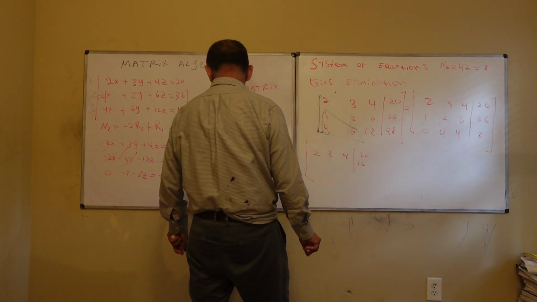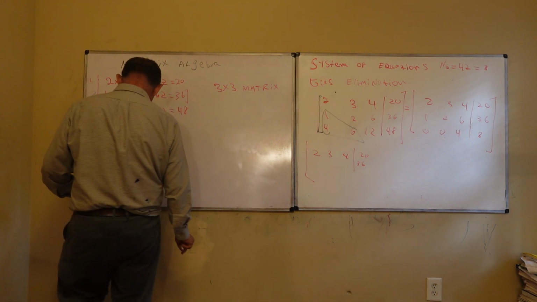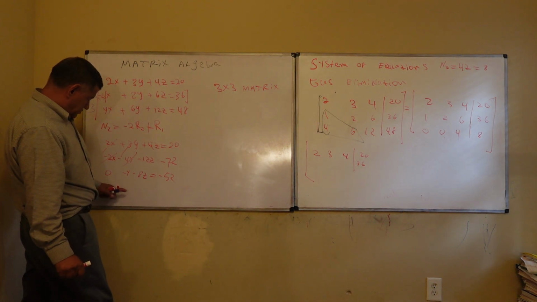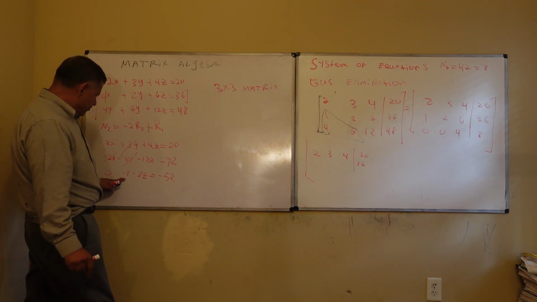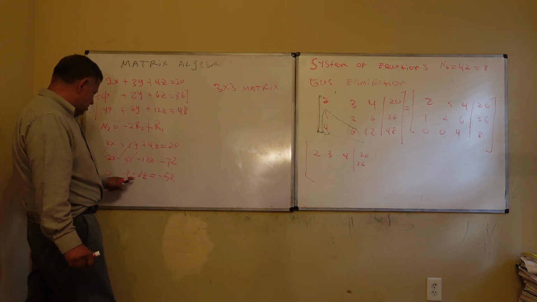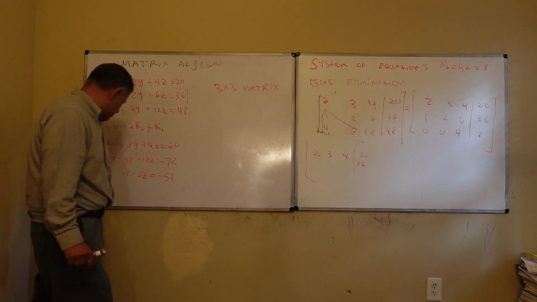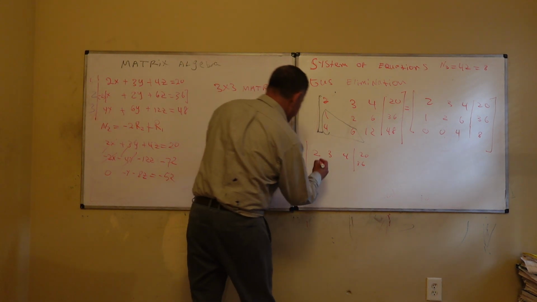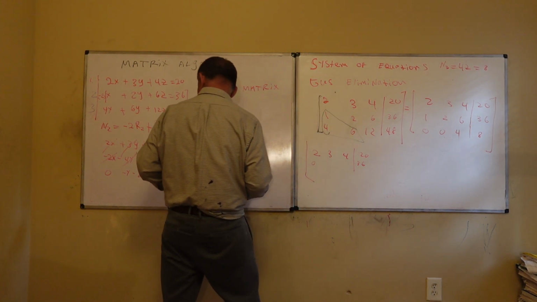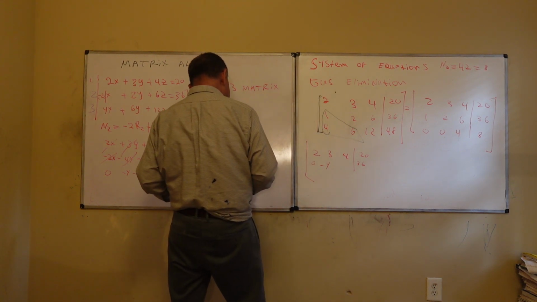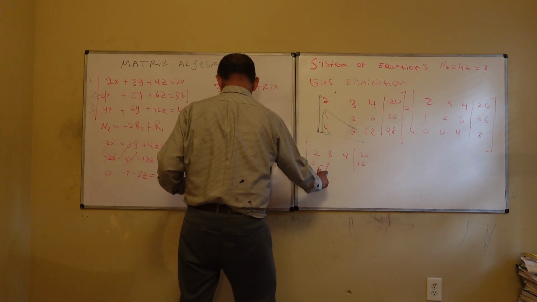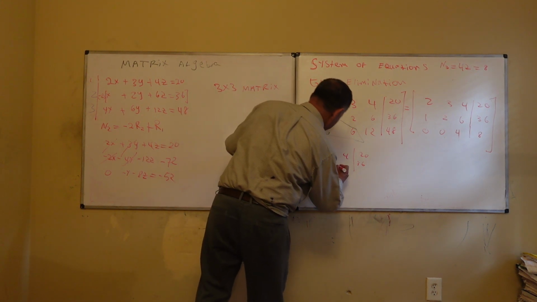Right? So now this is going to be equal to 52. So it's going to be equal to 0, minus 1, 8, and minus 52.